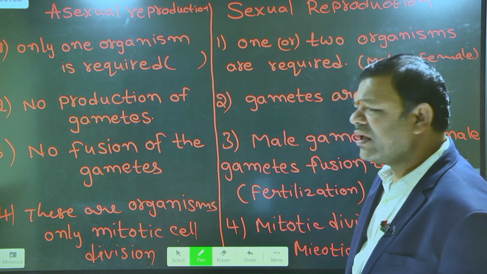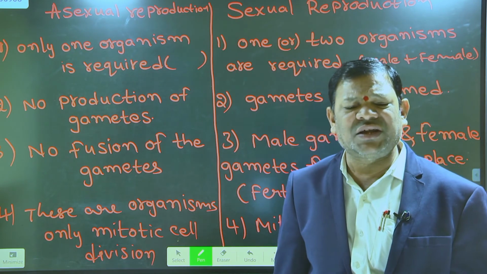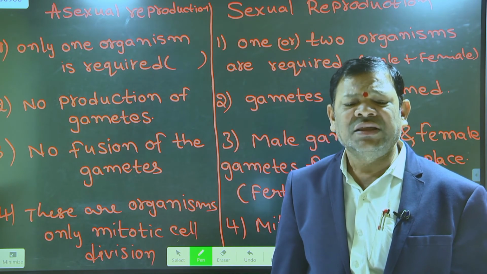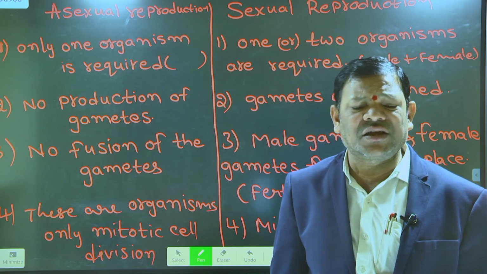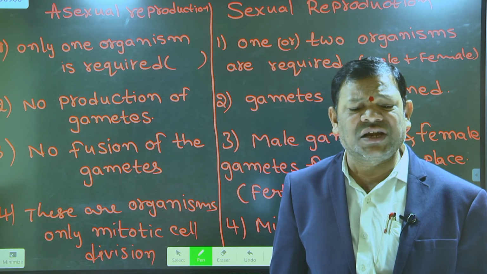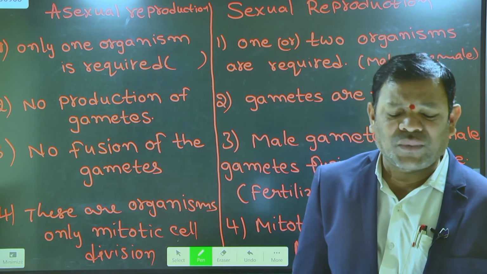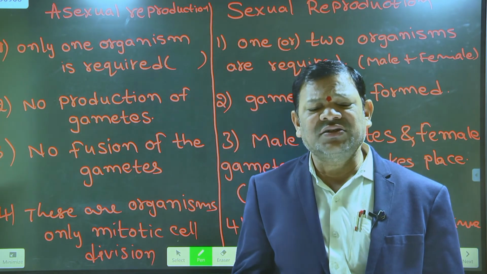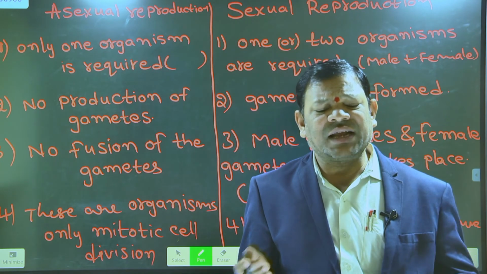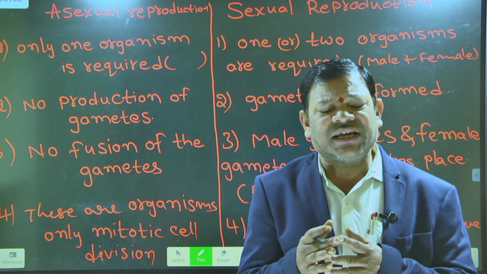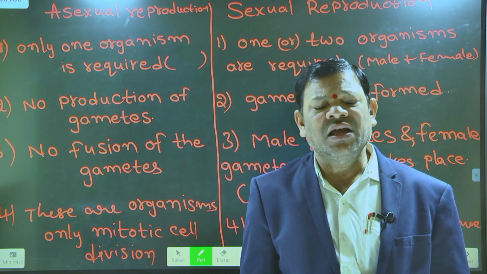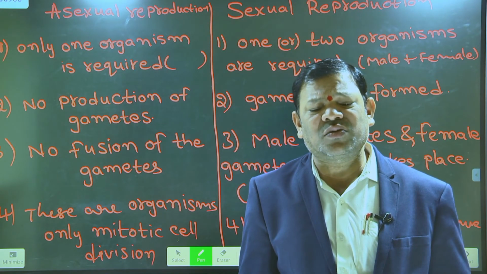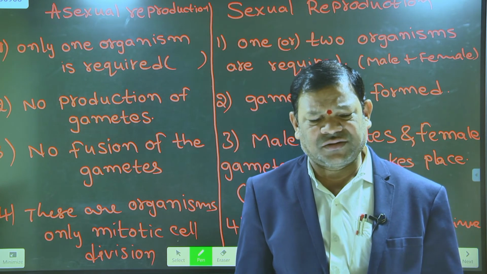In the human being, the constant chromosome number is 46 chromosomes: 23 from the father and 23 from the mother. During gamete production, meiosis cell division takes place, which reduces the chromosome number to half. That's why constant chromosome numbers are present in the human being.